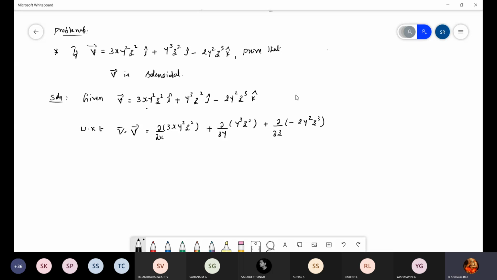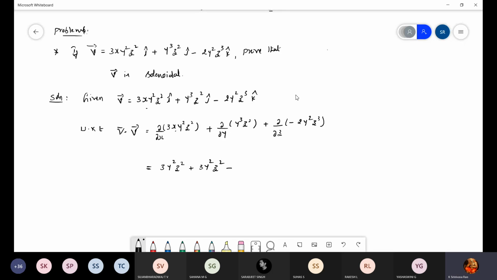Okay, so now just differentiate partially. What is the differentiation of the first one partially with respect to x? You will get 3y²z².